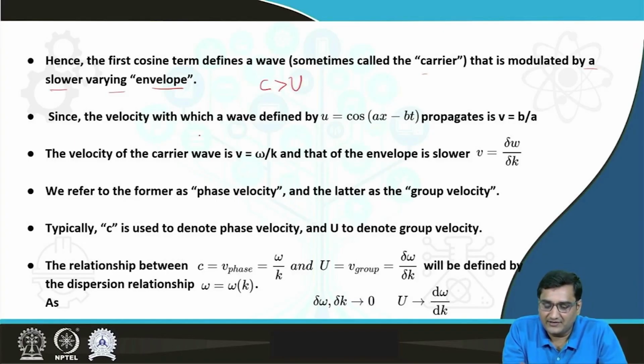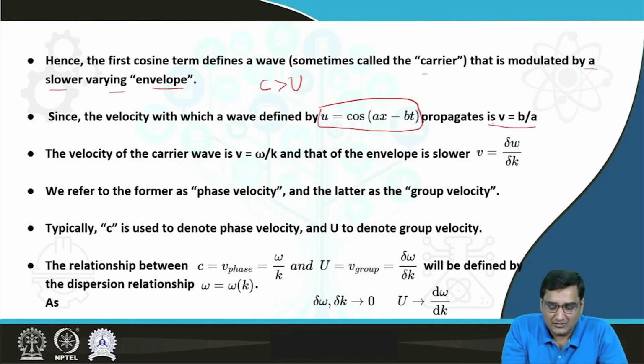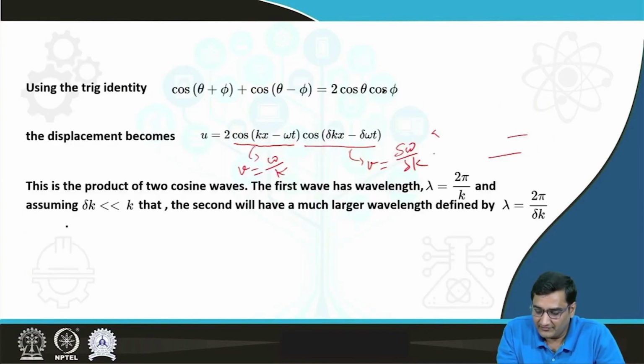Since for a wave defined as u = cos(ax − bt), its velocity will be b by a, the velocity of the carrier wave is v = ω/k, and the envelope wave will be dω/dk. That is what we have seen here.